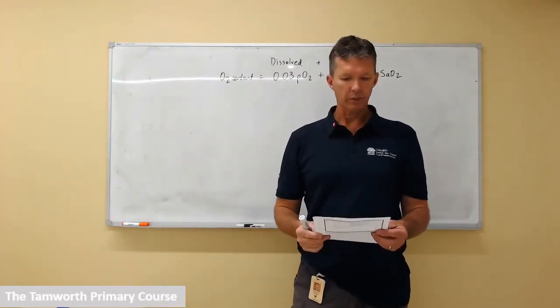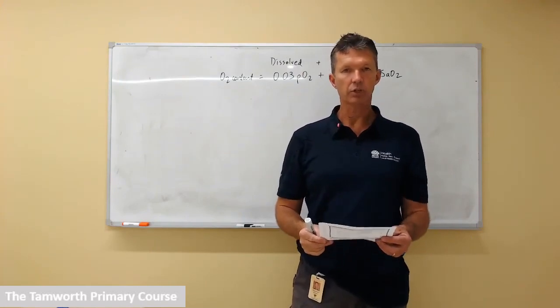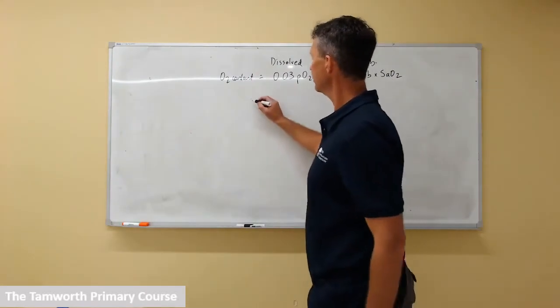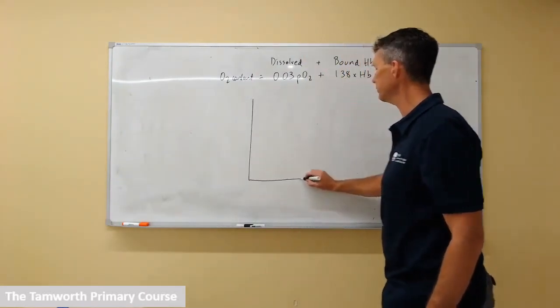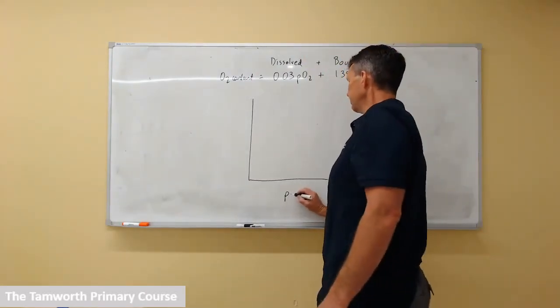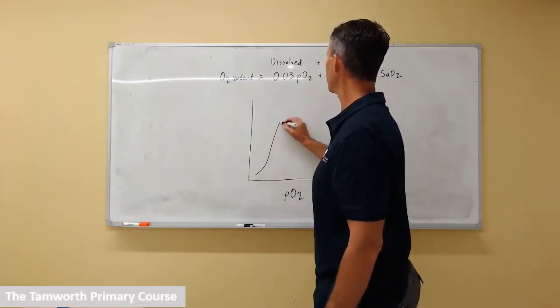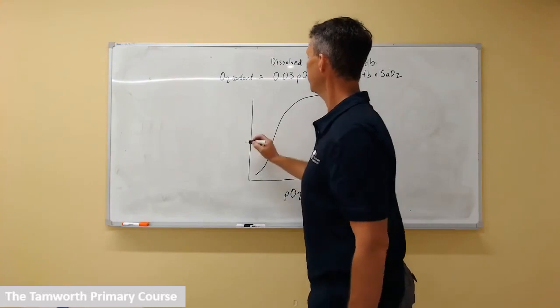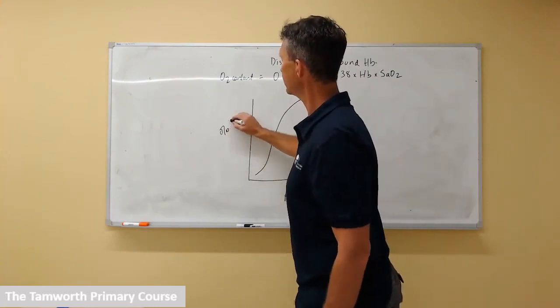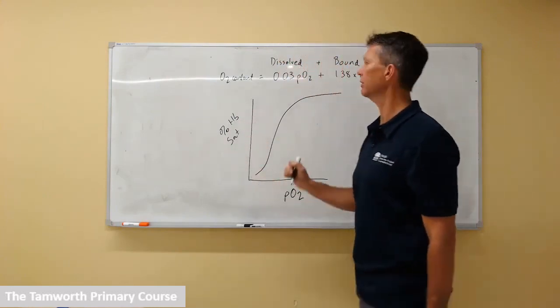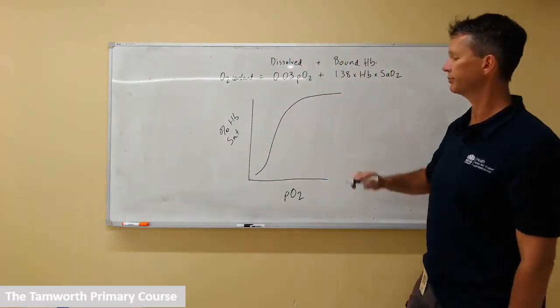The second part of the question is draw and label the oxygen dissociation curve. The oxygen hemoglobin dissociation curve describes a curve relating the PO2 of blood to its percent hemoglobin saturation. It's an inference about the oxygen content of blood.